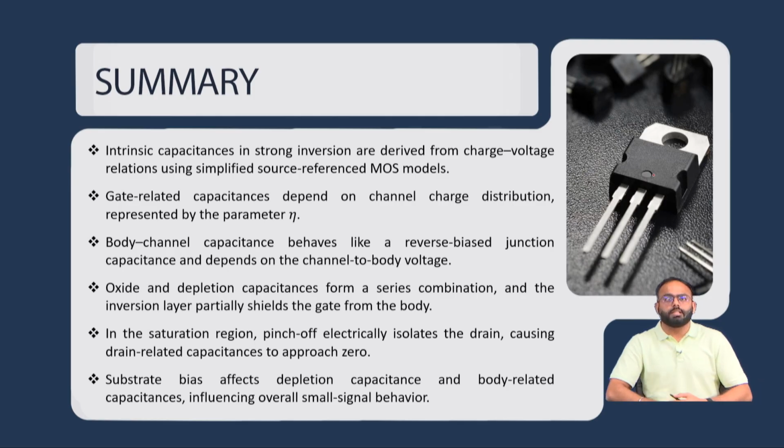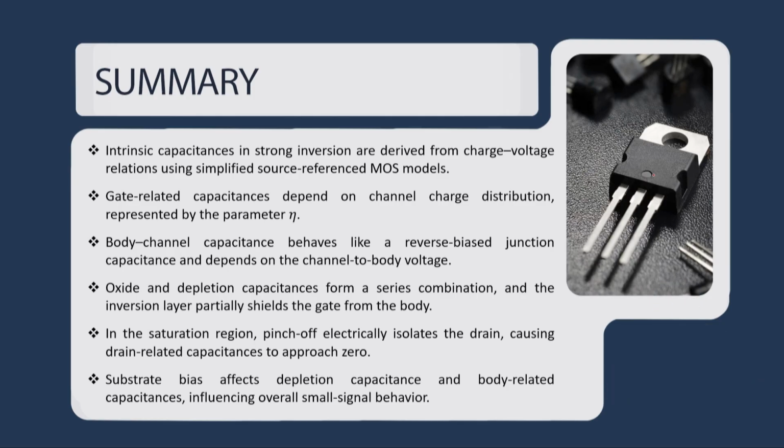So let me summarize this lecture. We have discussed how to extract the intrinsic capacitances in strong inversion. We basically talked about CGS, CBS, CGD, CBD and CGB. We said that the extraction of these capacitances is very important and they are strongly dependent on the region of operation.